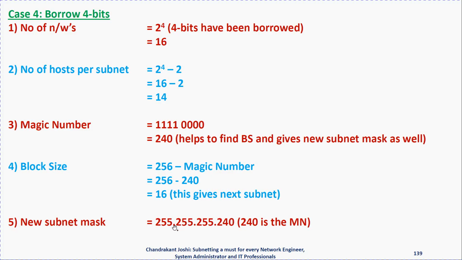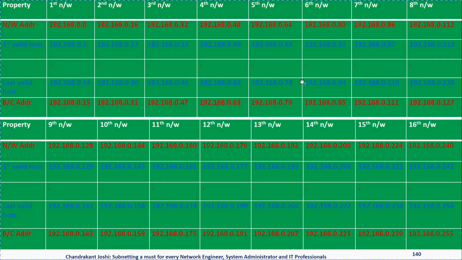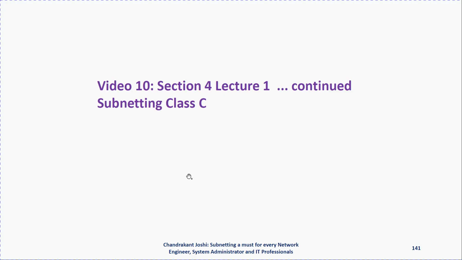This new subnet mask is 255.255.255.240, or the same as /28, because 24 are already there by default and these 4 have been added. 24 plus 4 is 28, so /28. So each of these 16 networks will have a subnet mask of 255.255.255.240 or simply /28.